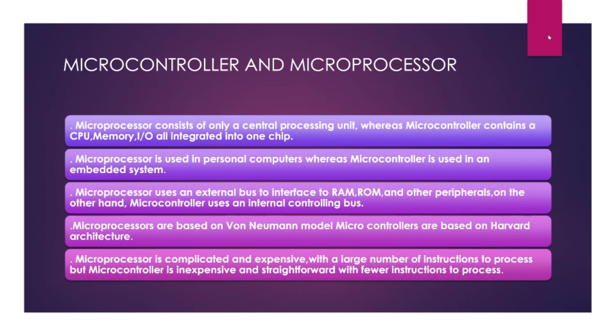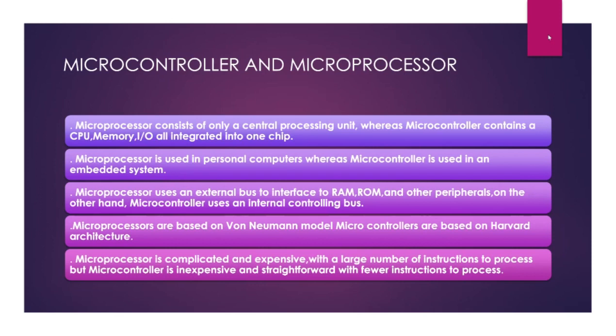Microwave ovens rely on several electric components to operate efficiently and safely. One of these are microcontrollers and microprocessors. So, a microprocessor consists of only a central processing unit, whereas a microcontroller contains CPU, memory, input output all integrated into one chip. Microprocessor is used in personal computers whereas microcontroller is used in an embedded system.